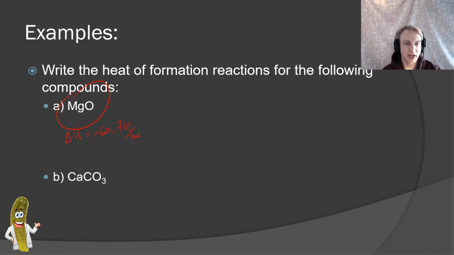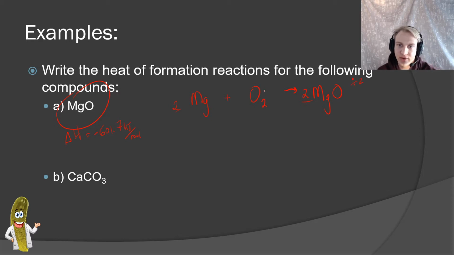And so what I would do is I'd try to say, well, the only way I can make magnesium oxide is if I combine magnesium and oxygen. And when I do this, I would have to remember, okay, oxygen's diatomic. Well, great. Now I'd need to balance this reaction. I have 2 oxygens, so I'd need a 2 here and a 2 there. But what I've done now is I've actually got 2 moles of this product, and that's not good. I want to have only 1 mole of it.